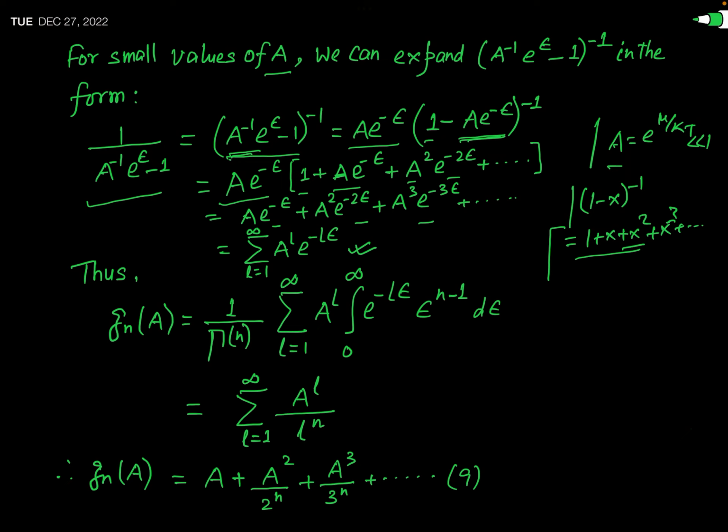Can you write like this or not? Definitely, when you put the limit, you will get this series. So this 1 over a inverse e to the power epsilon minus 1, under the condition that the value of a is small, can be written like this, which I have written here. So now to find the value of this function gn of a, you can use this value of 1 over a inverse e to the power epsilon minus 1.